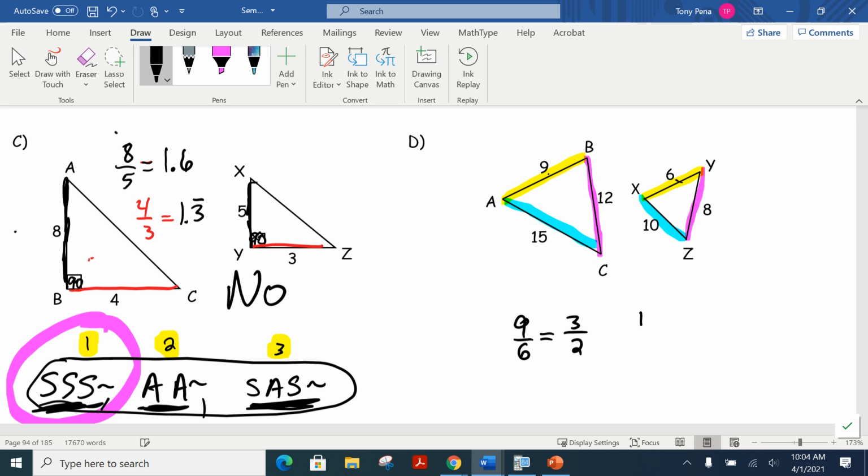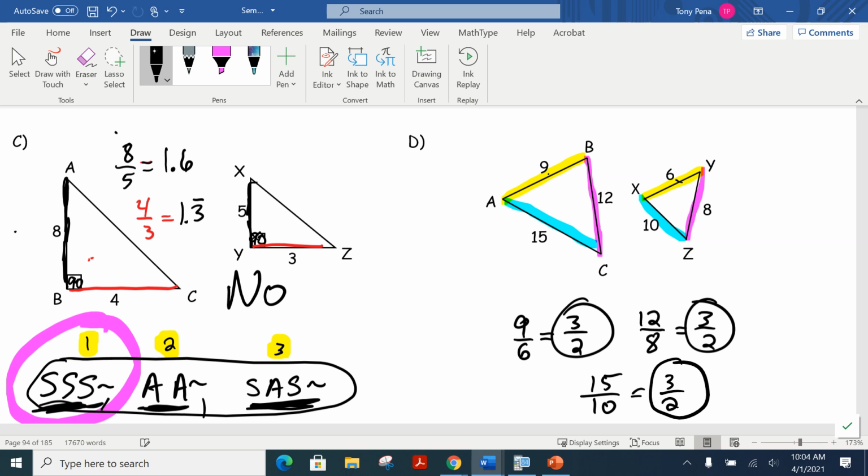If I go purple to purple, that's 12 over 8. 4 would go into each of those, and this is 3 over 2. So far we're good. And then blues to blues, did that also give us 3/2? Yeah, or 1.5. Since those are good, you would say yes, and you would say side, side, side with a similarity sign.